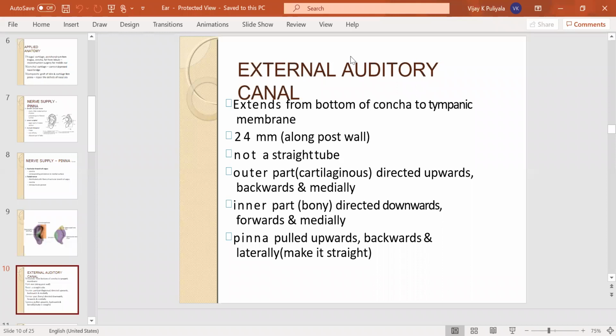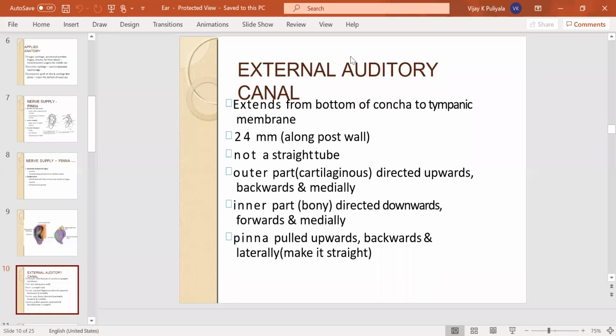If you see the course of the external auditory canal, it is divided into 3 parts. These are the pars externa, pars intermedia, and pars interna.